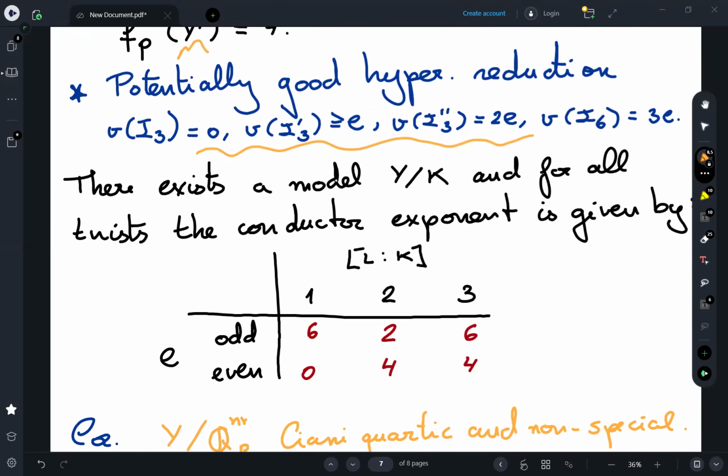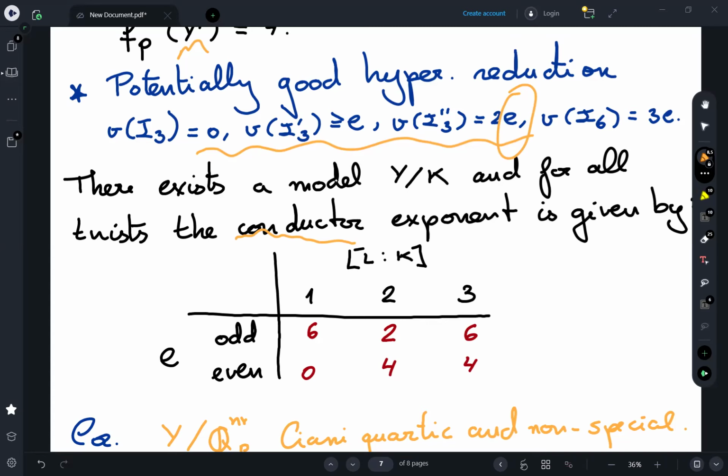We also prove the existence of a model defined over the base field, and all the twists of this model have the same conductor, equal to the number that appears here in the table, depending on the parity of E. The E is defined here, and depending on the degree of the extension of L over K. L is the splitting field of the polynomial P. That, by the way, we also give an algebraic characterization, so you don't need to compute the field.